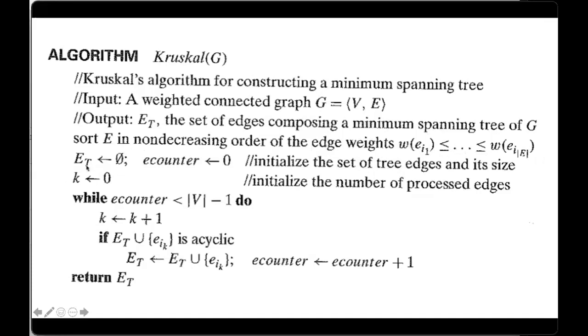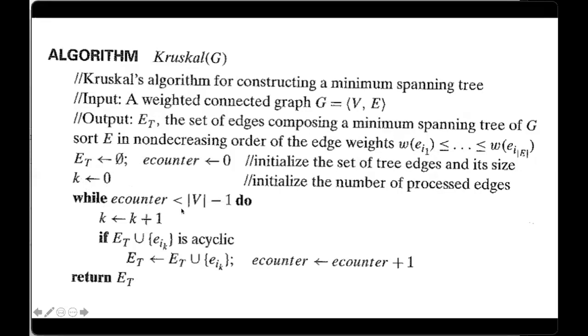ET is the target edge set. Initially, keep it null. Take one more variable, encounter, and initialize it to null. And one more variable to keep track of processed edges, so that we do not repeat: k is equal to 0.